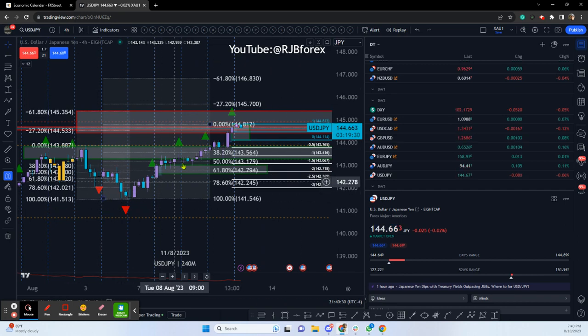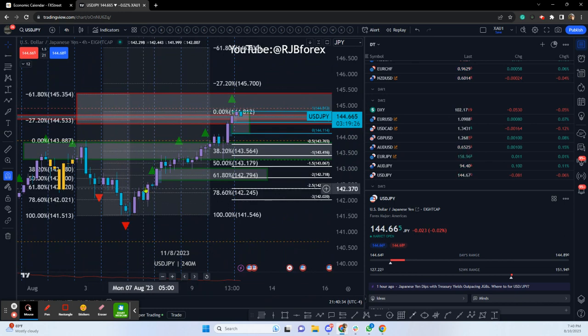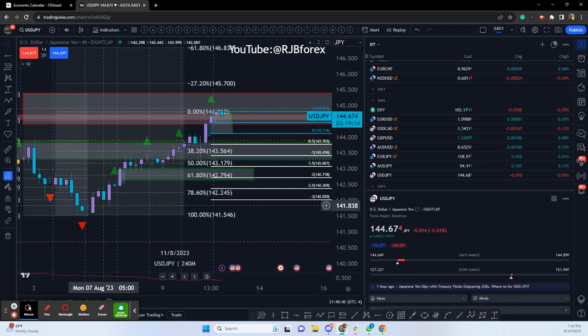Dollar yen, this bullish trend has got breaking out of last Friday's highs, but the breakout on Monday. Is that right?